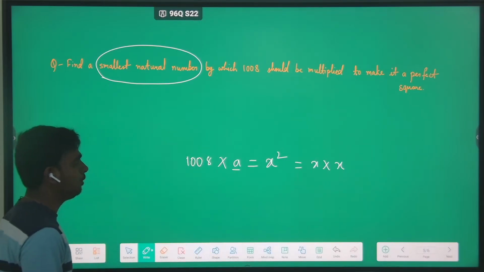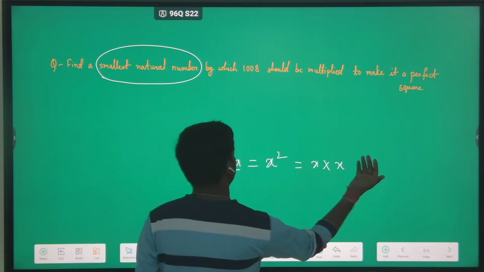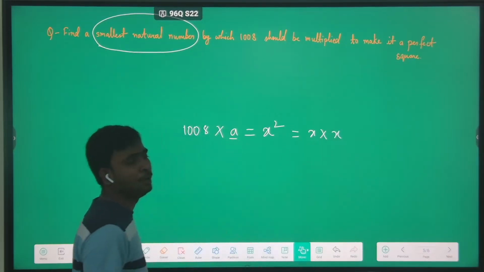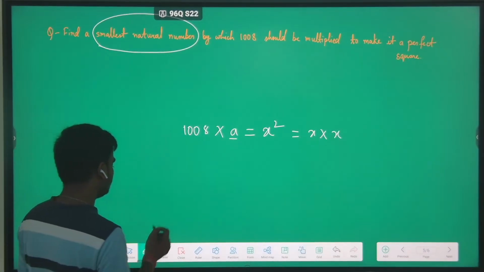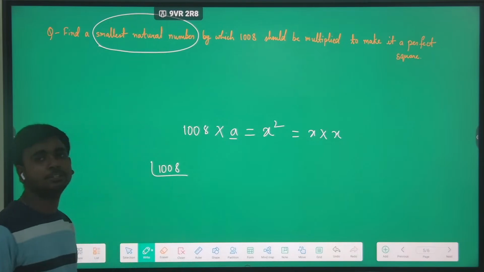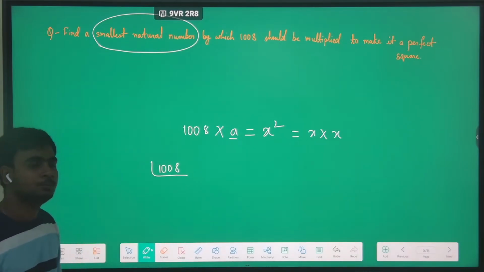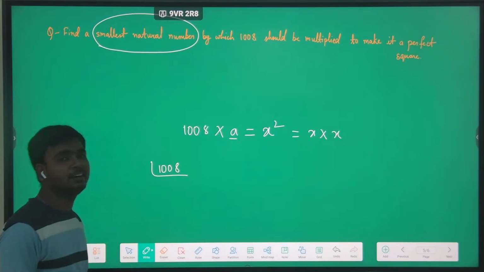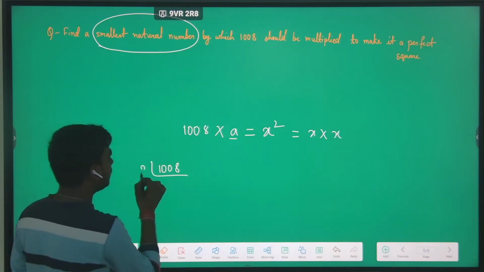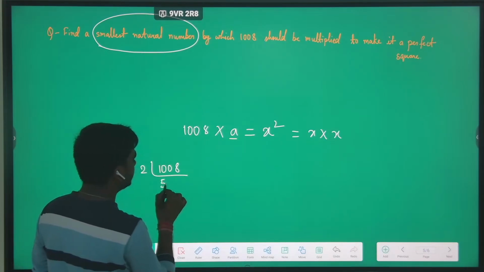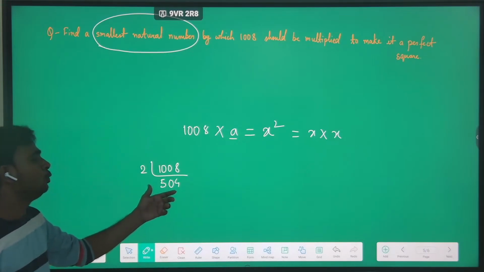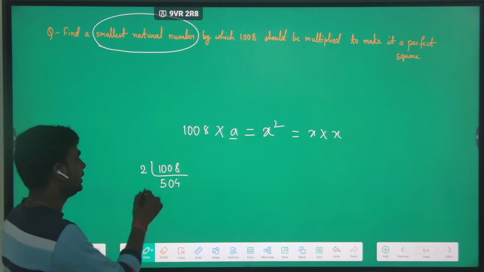First of all, we will prime factorize 1008. It is divisible by 2, because in the unit digit we are getting a multiple of 2. 2 into 5 is 10. This 0 will be the same. 2 into 4 is 8. We get 2 into 504 is 1008.